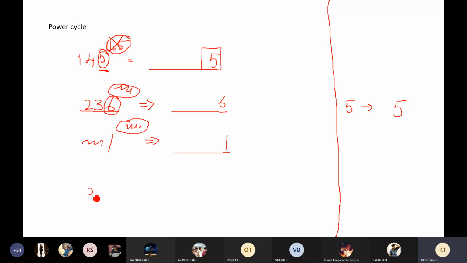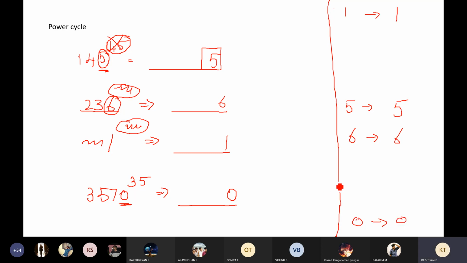Similarly, 3570 power 35, if a number ends with 0, what will be the last digit, guys? It will definitely be 0. Correct? So if the last digit of the base value is 1, it would be 1. 5 would be 5. 6 remains 6. And 0 would remain 0.